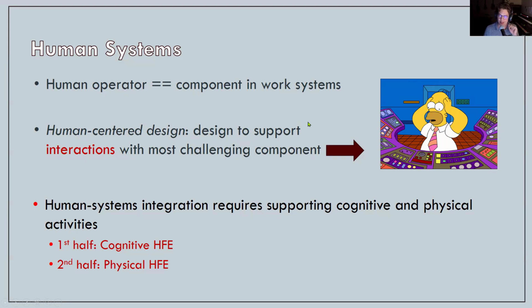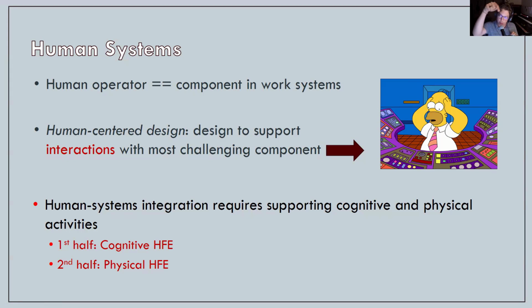Part of this, I like to make the point, is that the human is the most difficult component in a system to redesign. We can always make a smarter technology or a smarter way to do a task, or something about the environment around the task could be changed. The most difficult thing to change is the human themselves.